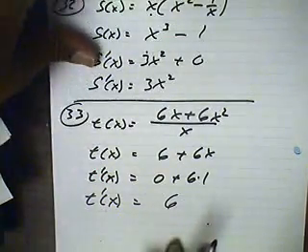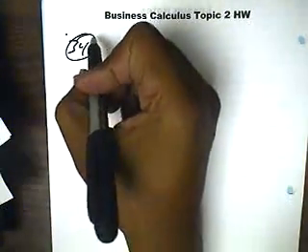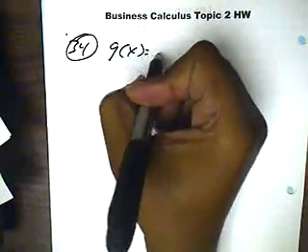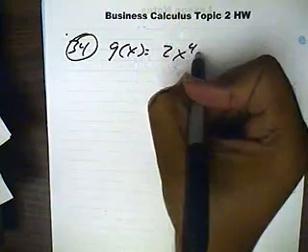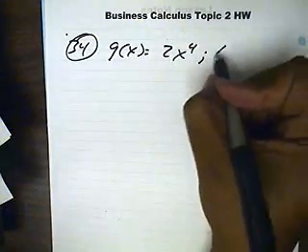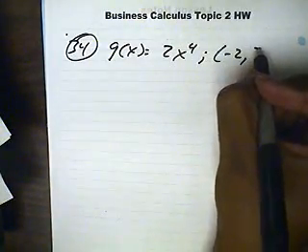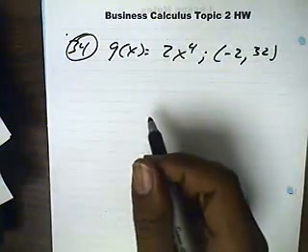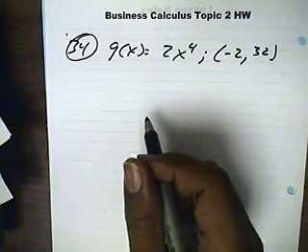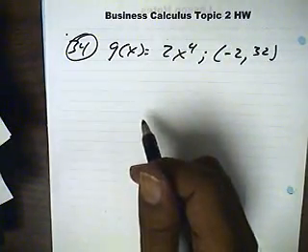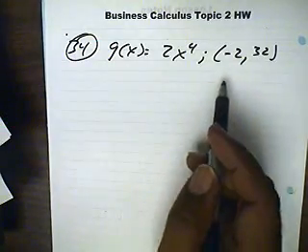Okay, let's take a look at number 34. We have the function g of x equals 2x to the 4th power, and a point (-2, 32). We're looking for the slope of the tangent to the function at that given point.